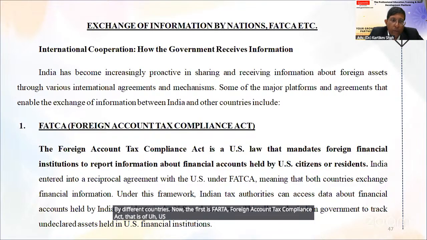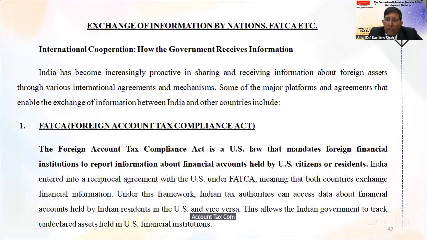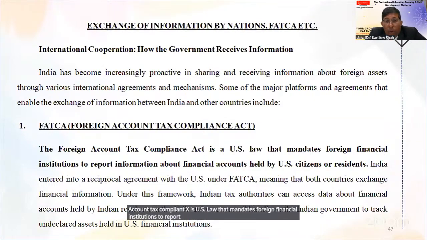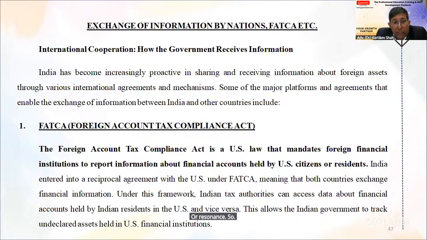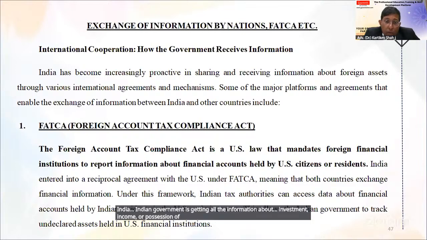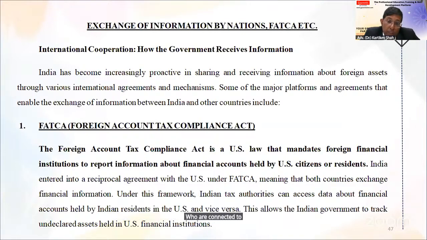The Foreign Account Tax Compliance Act is a US law that mandates foreign financial institutions to report information about financial accounts held by US residents. So, as per FATCA, the Indian government is now getting all the information about investment, income, or possession of any non-resident who is connected to India from the US government, and it is vice versa.